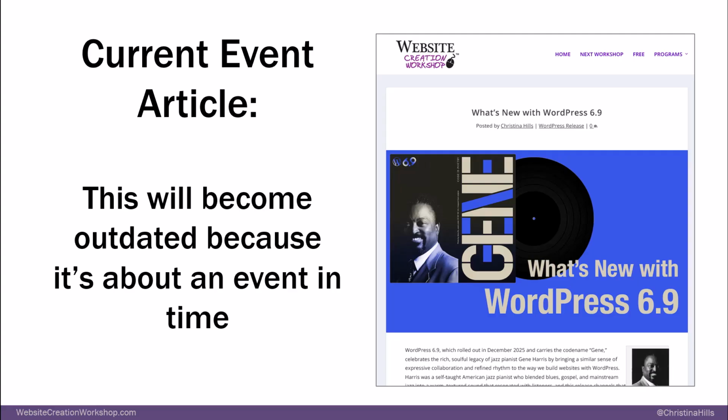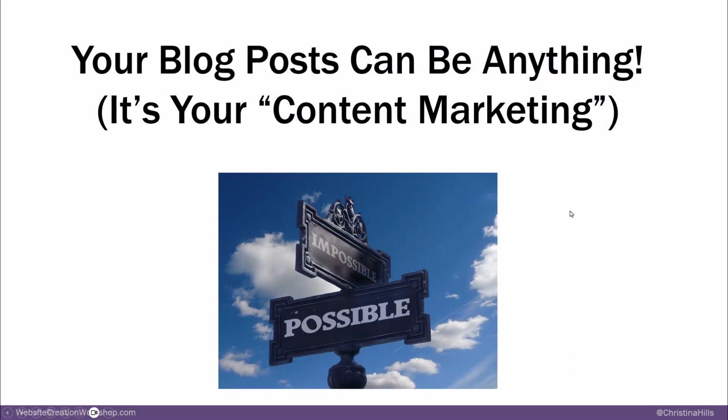Anyway, so when WordPress comes up with new versions, I always do an article about what's new in the latest version. And for those of you who don't know, this is sort of fun. I'm a jazz music aficionado. They name all their versions after a jazz musician.